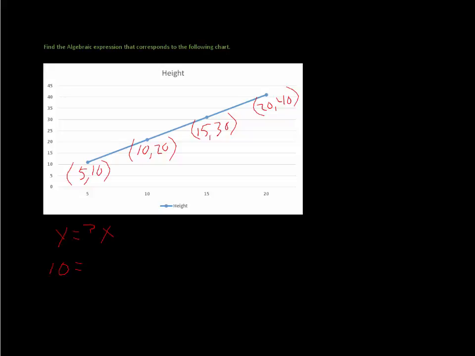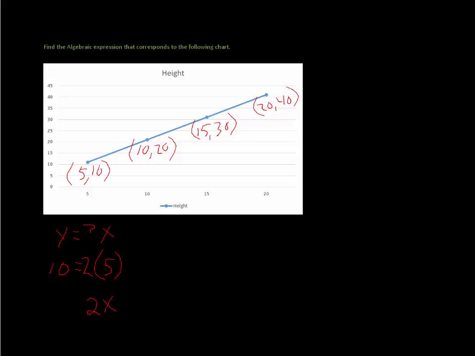Well, we know x is 5. So what do you have to multiply 5 by to get to 10? Well, you'd have to do 2. 2 times 5 gives me 10. All right, so right now, I know it's 2x.